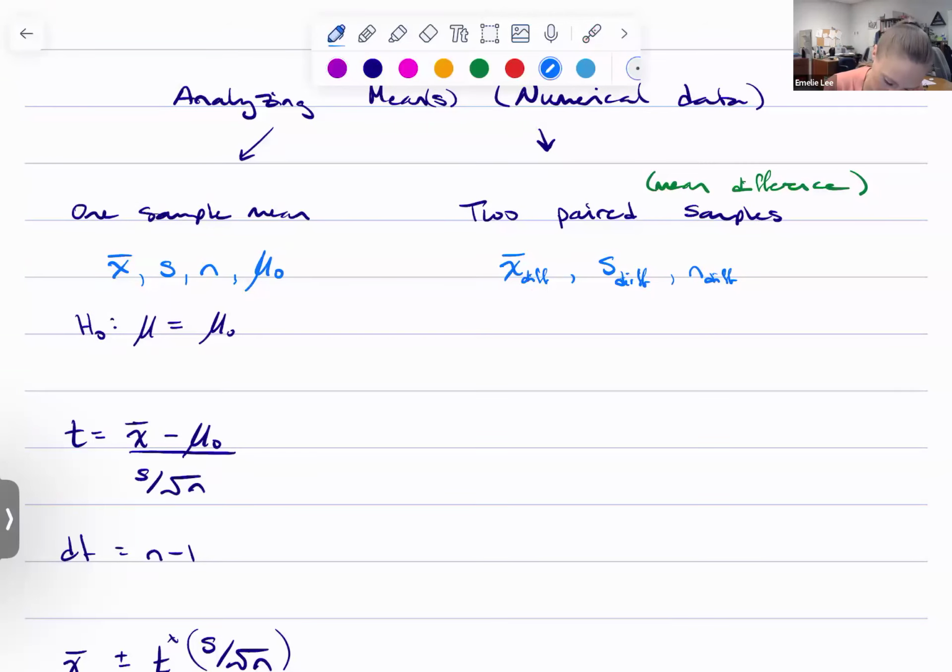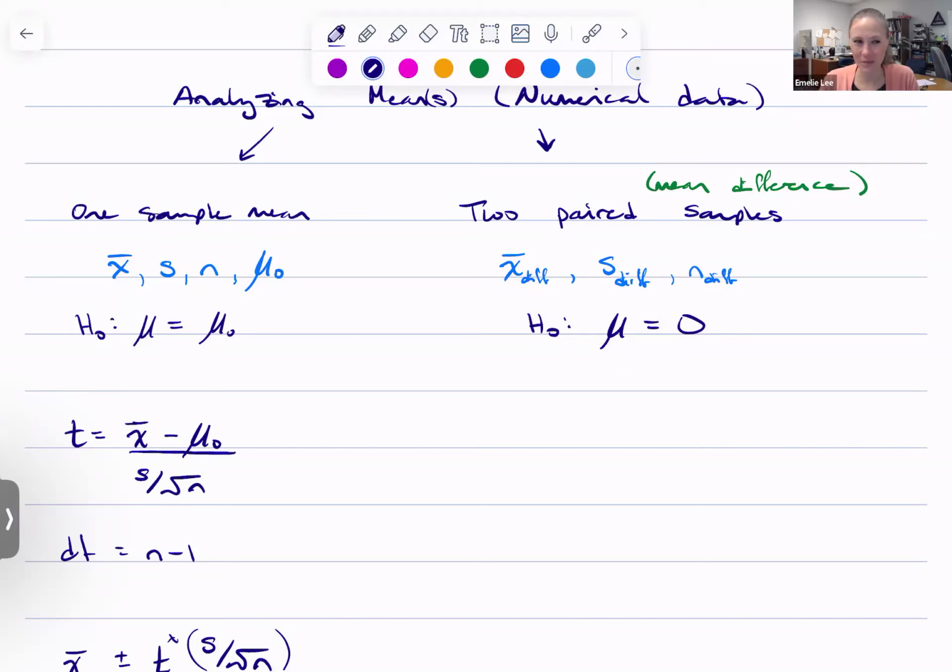And so that's what makes my null hypothesis. My null hypothesis is always that mu is equal to zero. And then my alternative would be that mu is not equal to zero. That's the simplest case. Otherwise, you have to think about how the difference is calculated and how it would relate to being less than zero or greater than zero.